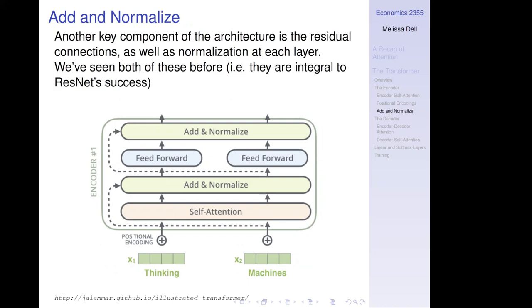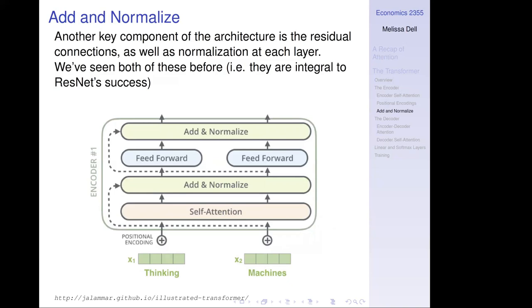So a third key component of the architecture is residual connections. In the simplified figures we had so far, we didn't show this, but in reality, the paper uses both residual connections and normalization.